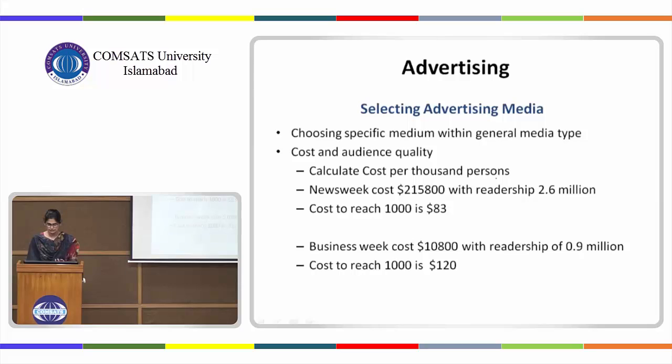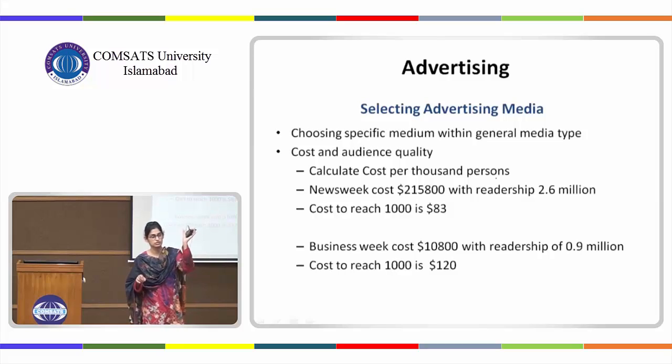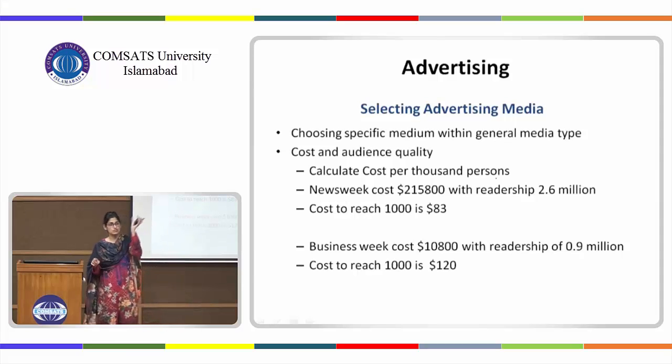Now, selecting advertising media. Now, choosing a specific medium. Let's say by the last slide we've chosen the media from which we want to send out the message. Let's say we've chosen television or we've chosen magazine, right? Now, in the next step, you would choose which magazine. So you have the medium category, and within that medium, how would the message go?